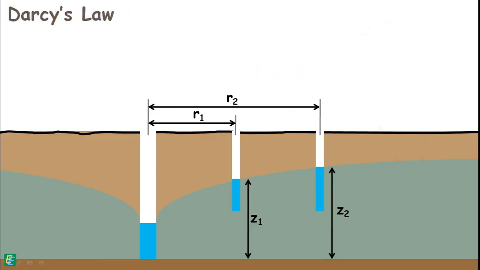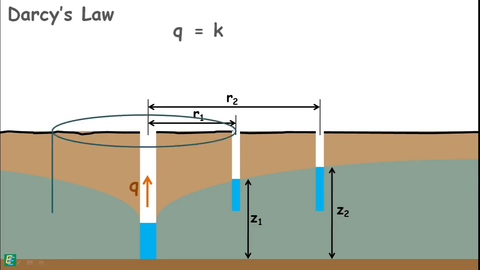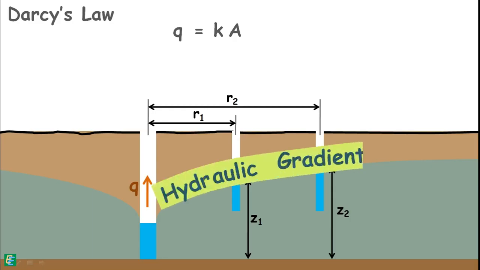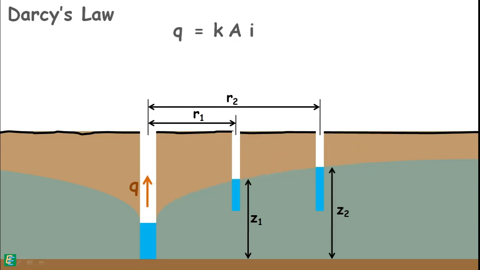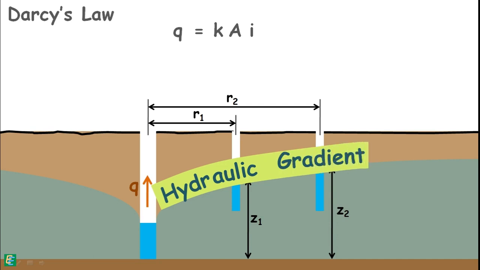According to Darcy's law, discharge rate from the well is equal to the permeability of the soil multiplied by the area through which water is percolating, multiplied by the hydraulic gradient which is causing the flow. We can see the hydraulic gradient has a curved profile. It is not constant.